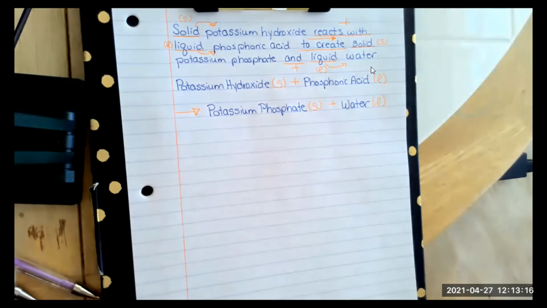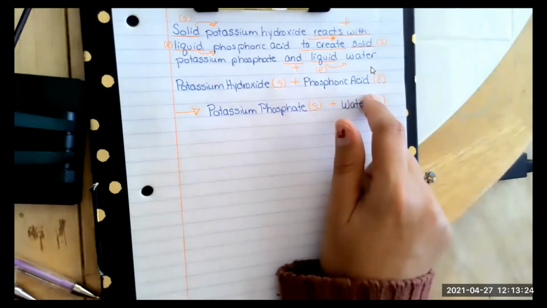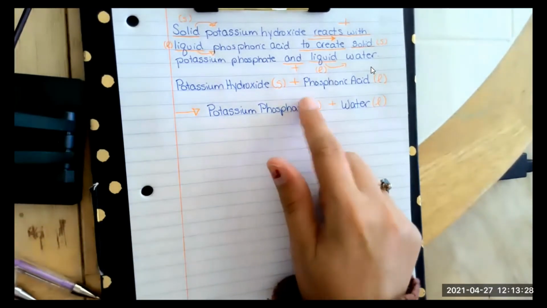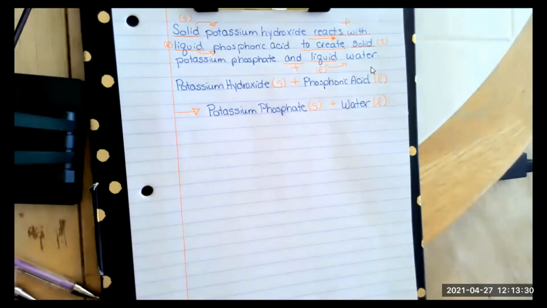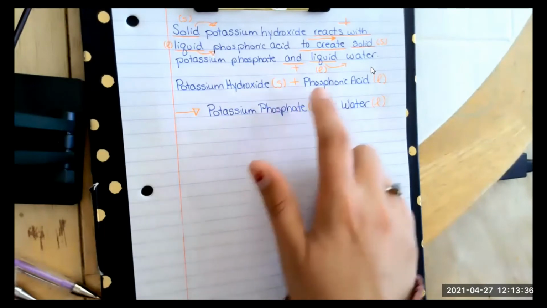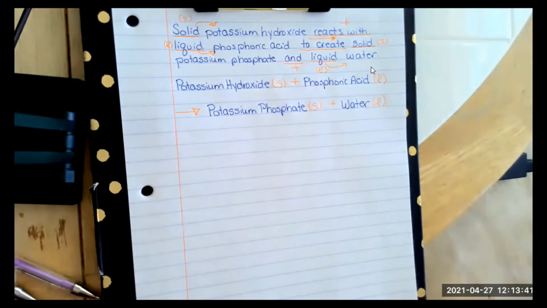So we know that hydroxide has to be split into its H's and O's independent of each other. We also can see the word phosphoric acid, and we see the word phosphate. This is when we can realize that phosphoric acid, based on our oxyacid naming rules, has a phosphate in it. And so I can see that phosphate is on both sides. I can treat phosphate as one element.